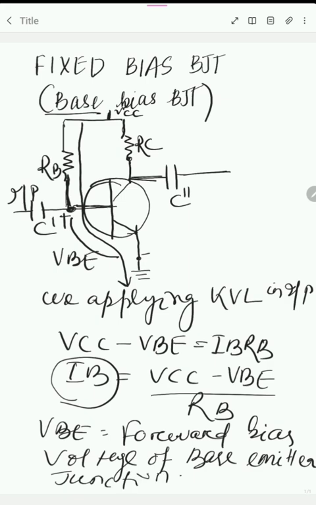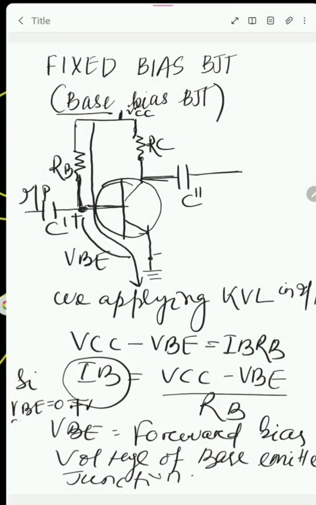In a transistor made of silicon, the value of VBE equals 0.7 volt.